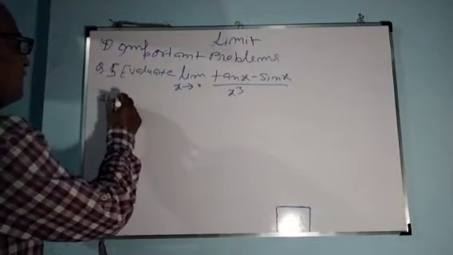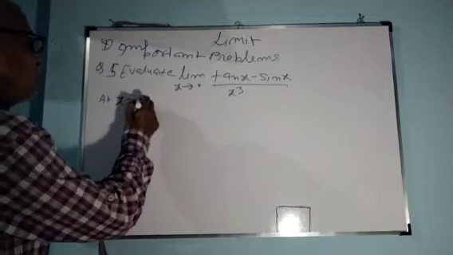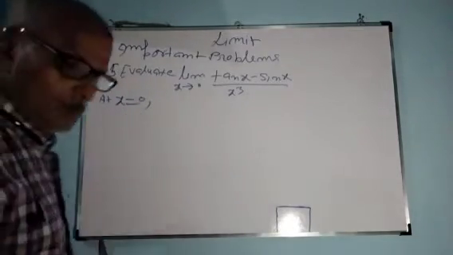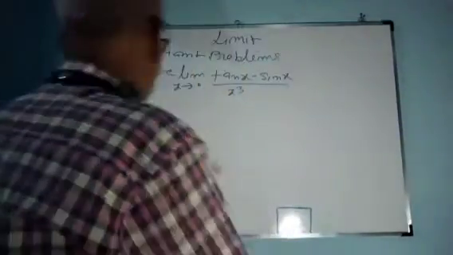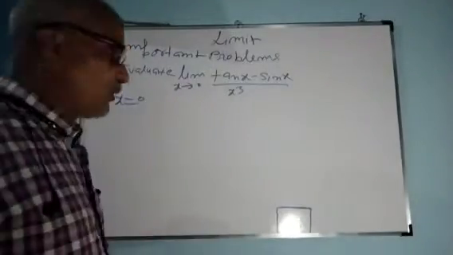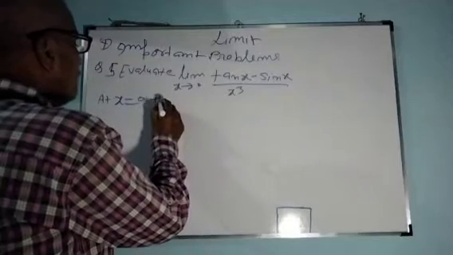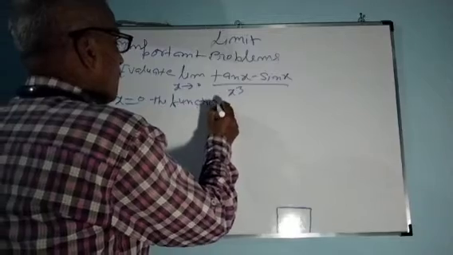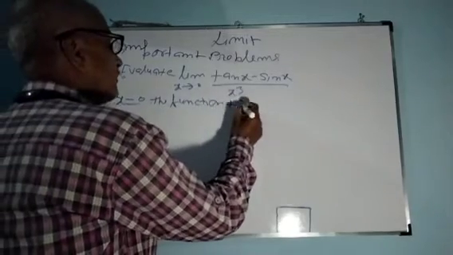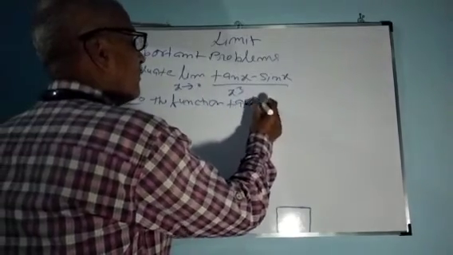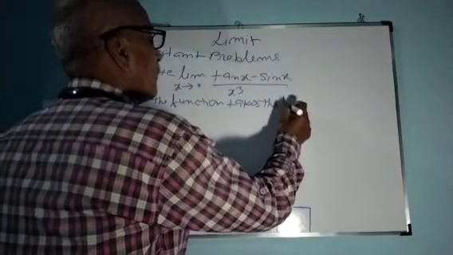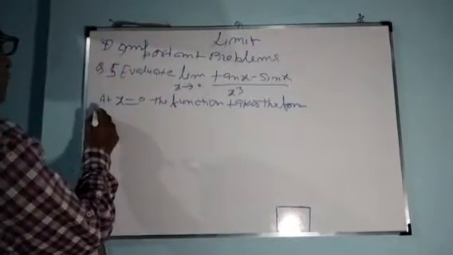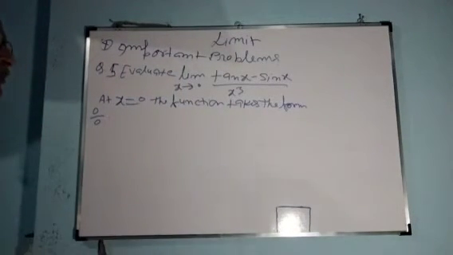At x is equal to 0, the function takes the form 0 by 0.